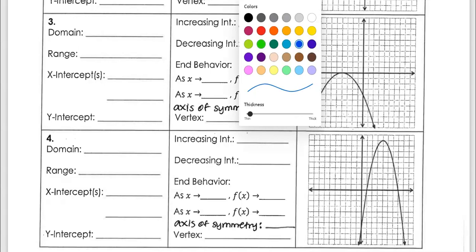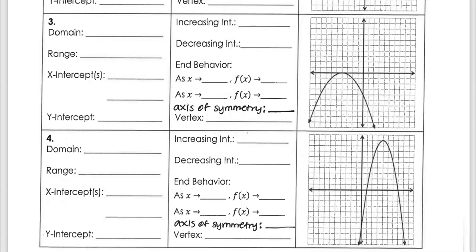Okay, so looking at number 3, what's your domain? Yes, negative infinity to positive infinity, always and forever. Okay, what part do you want to pick out first? Range, okay. What do I need to know for my range? I need to figure out either the highest or the lowest y.